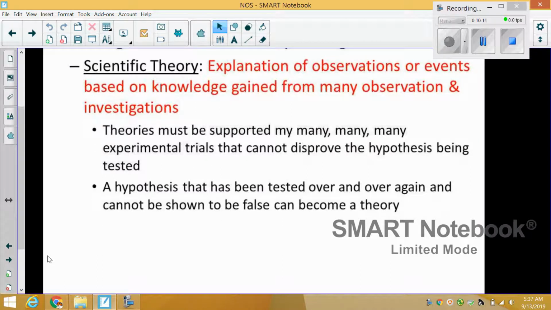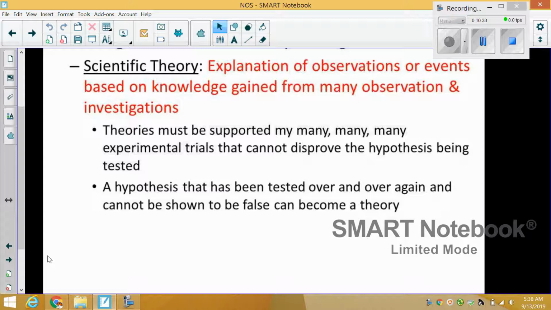So a scientific theory is an explanation of observations or events based on knowledge gained from many observations over time. A scientific theory is something that basically cannot be proven to be true or not true.